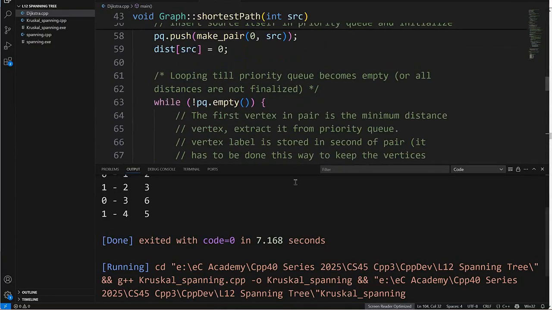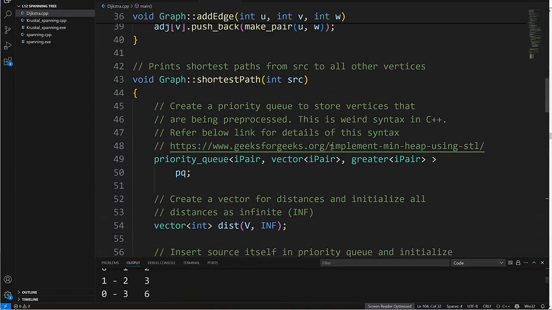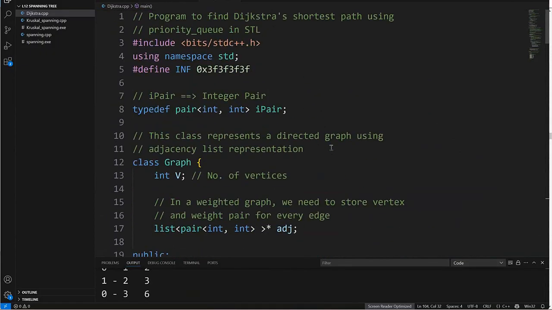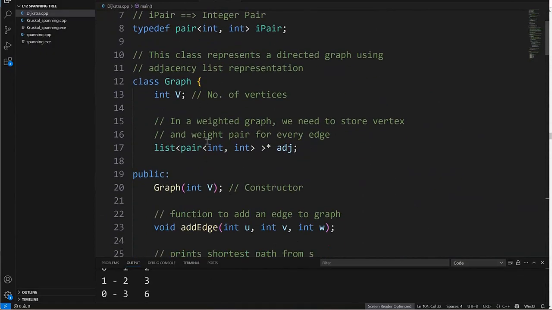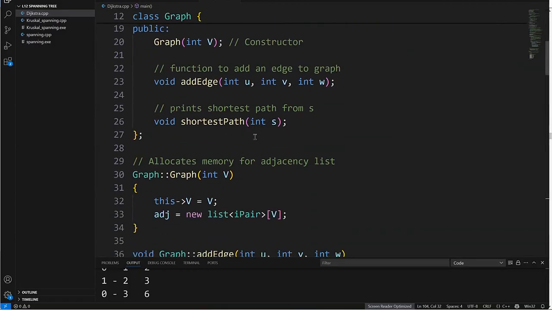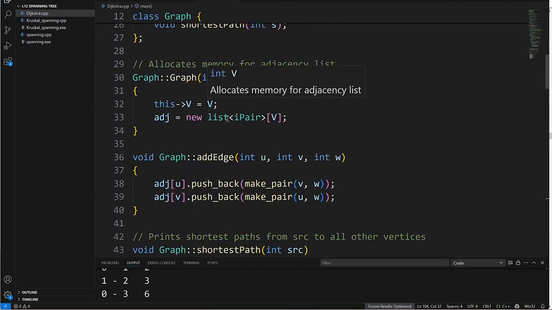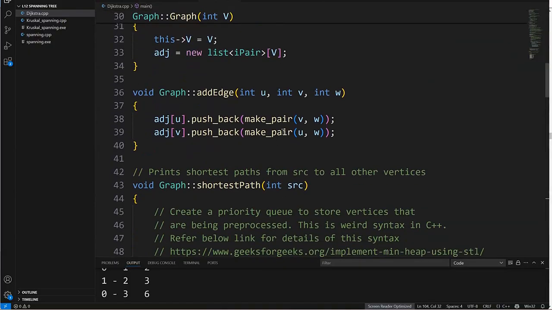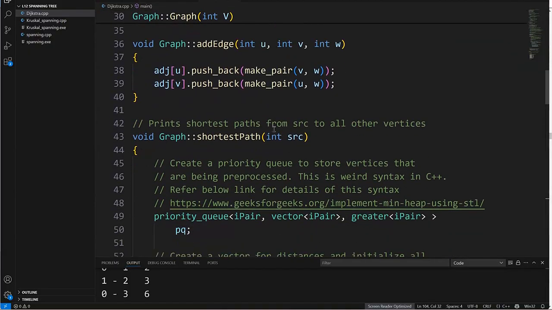So let's look at your graph. The graph is a list of pairs, a list of edges. It's an adjacency list algorithm, with the number of nodes and the adjacency list, and for each one you have the edge. You also have a function called shortest path. Here you have the constructor function, which puts in every edge.